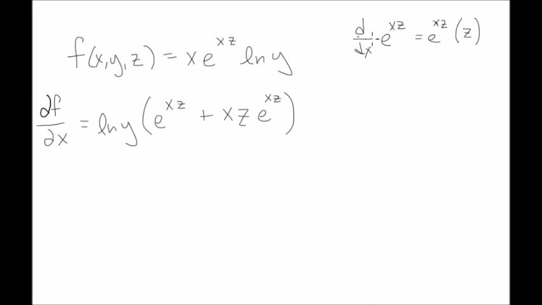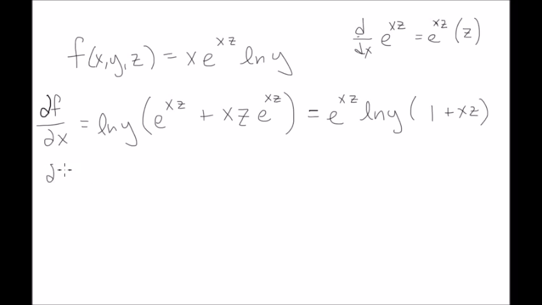If I want to, I could factor out an e to the xz term, and then I would have e to the xz times ln y times 1 plus xz. That's the kind of simplification that is not required, but helpful if you happen to see it, because it leaves a slightly more interpretable version of the expression.